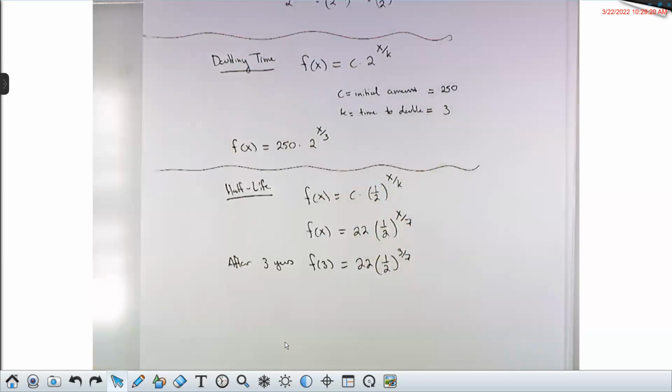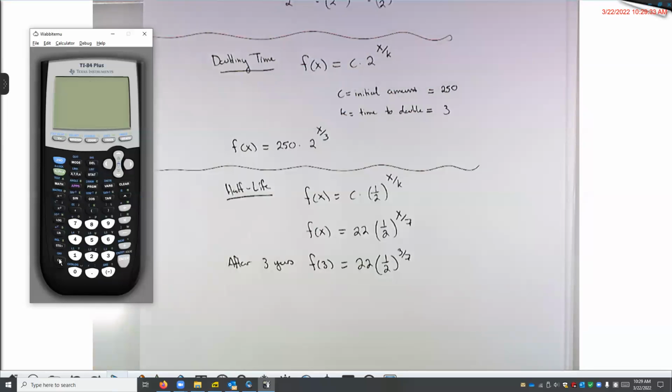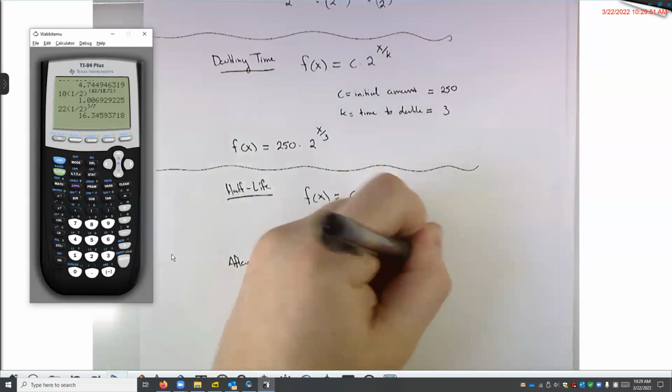That means we have to compute this number, 22 times 1/2 to the 3/7. And we get about 16.3, like Sam did.